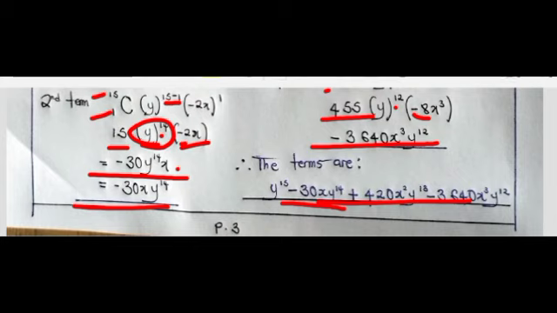So we move on to the next part of the question, which says find the term independent of x in the expansion of 1 over x plus x, raised to power 12. Right, so this is quite simple. It's the same idea, it's under binomial expressions. All you have to do is to say nCr.